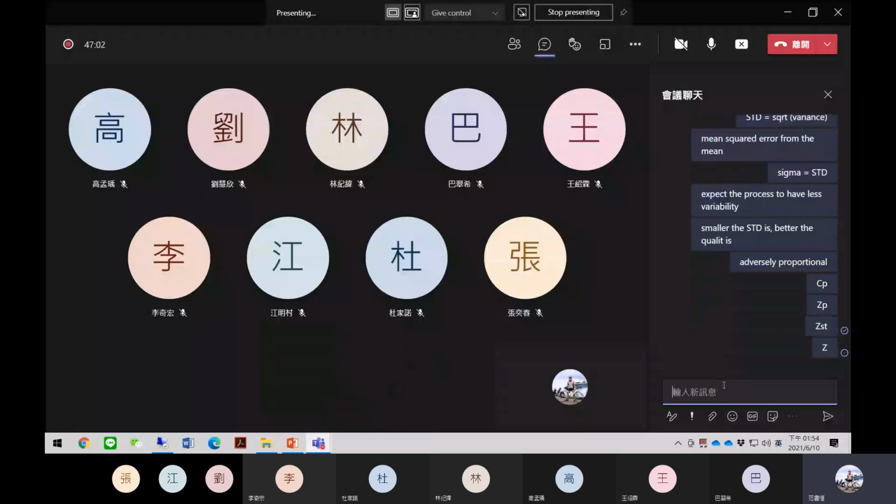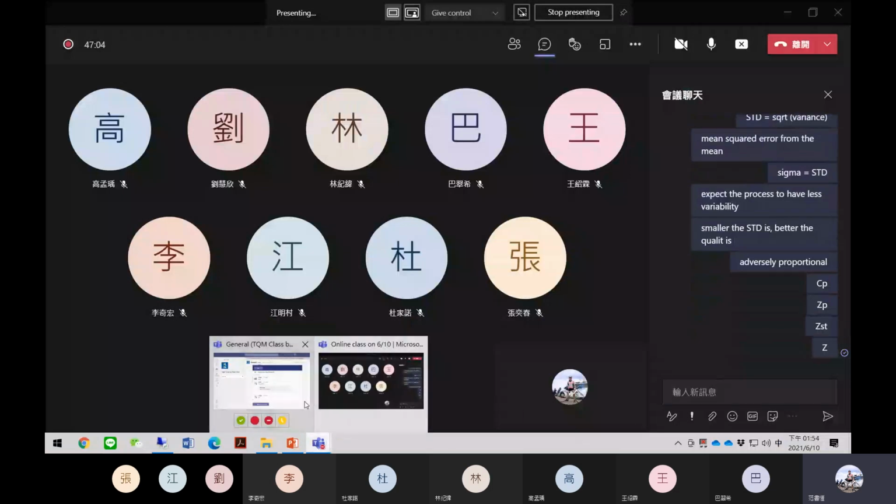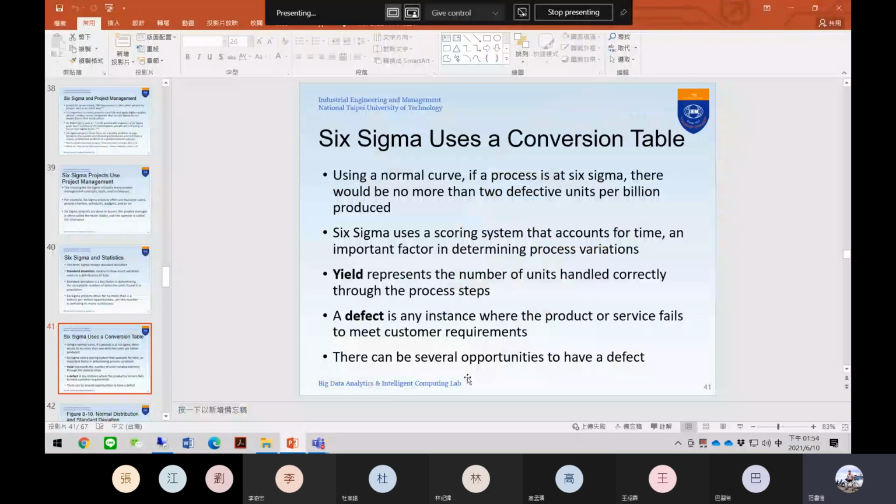So this is an evaluation matrix based upon the time evaluation.